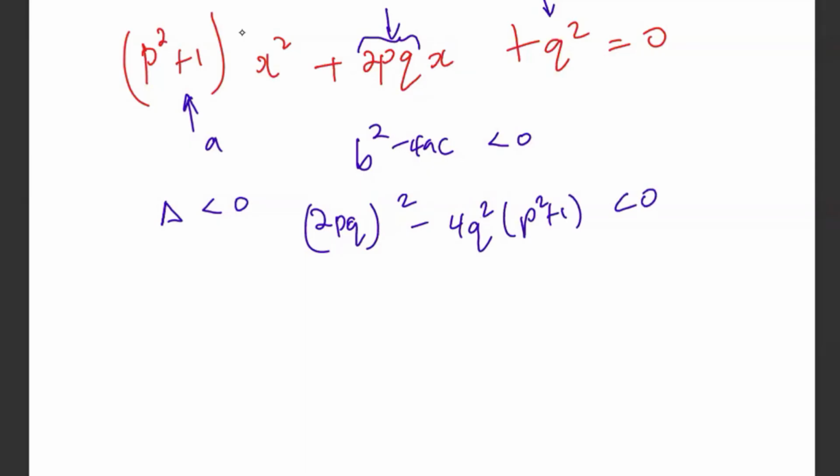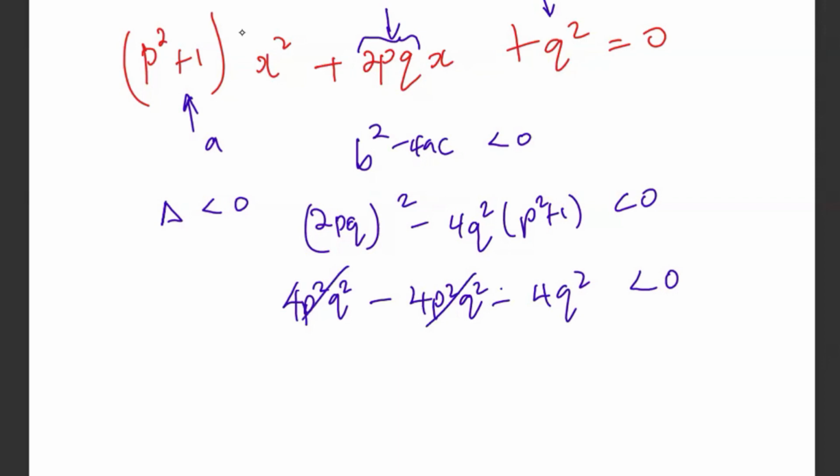Now the question is, what are we solving? Somebody is going to ask me that. My focus is mainly the q aspect. Let's open this and see. This is going to be 4p squared q squared minus 4p squared q squared minus 4q squared is less than 0. So this and this die out.